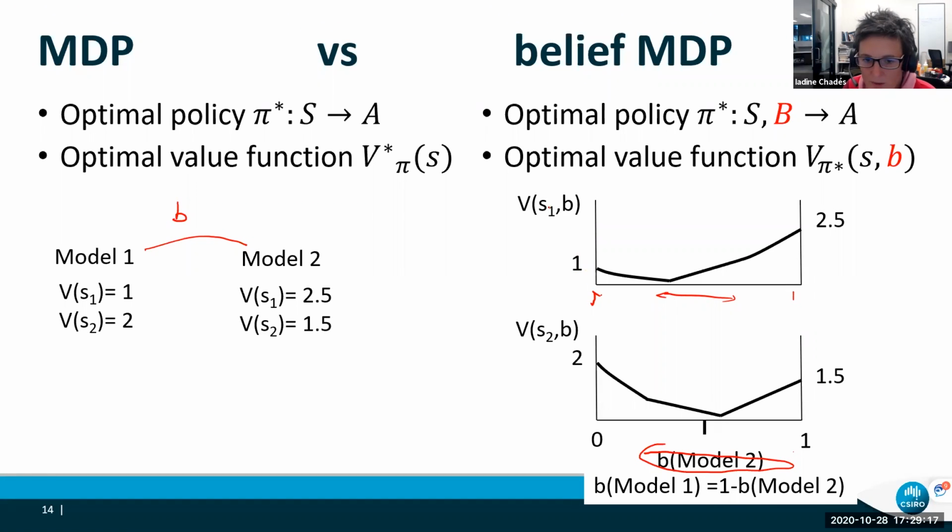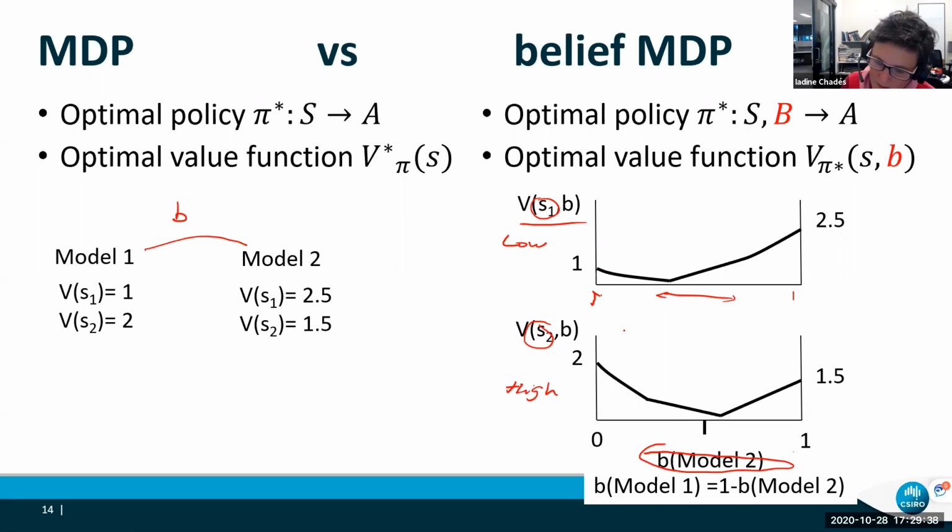Then on the y-axis, we represent the value function, in this case for S1, because I've assumed we had 2 states, and S2. That could be, let's say, low abundance and high abundance for a species.